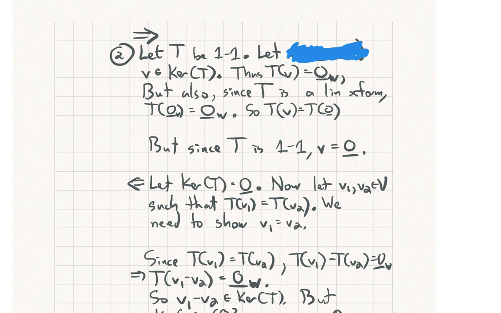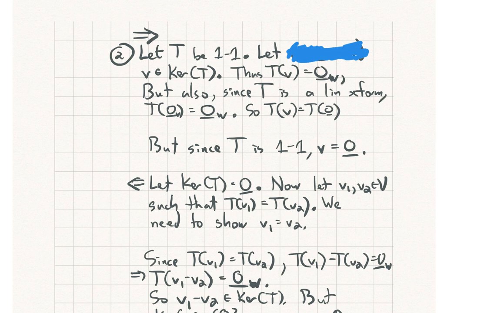What we're going to do is pick something in the kernel of this transformation. We know something exists because 0 is definitely in there. We know 0 is in every kernel. So if it's in the kernel, that means when you plug it into your transformation, you get the 0 vector.